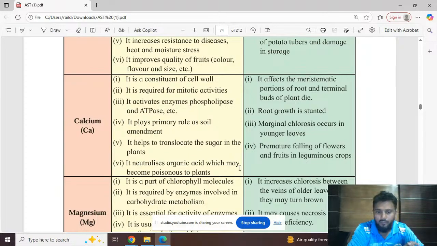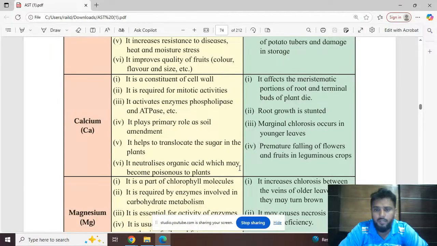Then it is also helpful to translocate the sugar in the plants. It moves the sugars in the plants to different locations. Then it neutralizes organic acid, which is very dangerous or poisonous to the plants. Okay? It makes that organic acid neutral. So these were the functions of calcium.